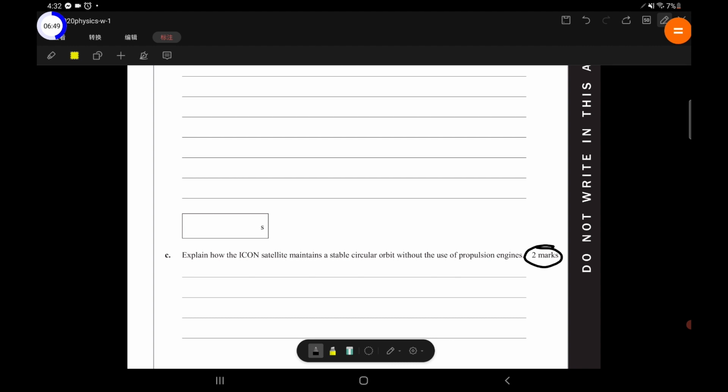Okay, so let's think about something else. A stable circular orbit. So let's have a think about this. What makes a circular orbit unstable?